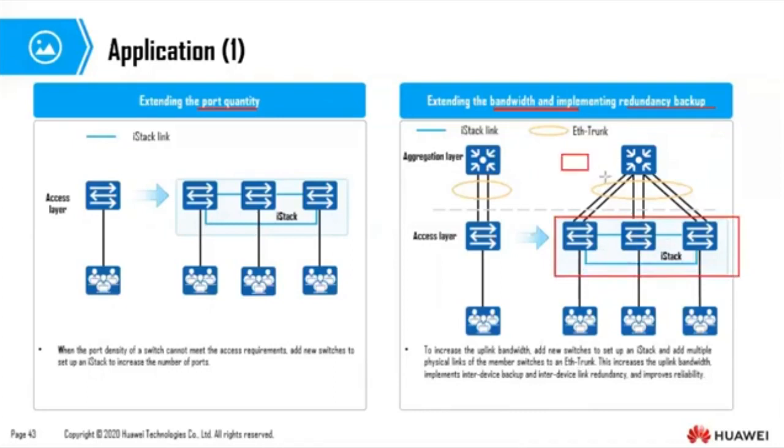Then here we can use link aggregation in order to increase the bandwidth. Remember, these are access switches, and this is the interconnection between the access switch and the aggregation switch. So we can combine them like that in order to increase bandwidth and also provide reliability in terms of link bandwidth and link backup.